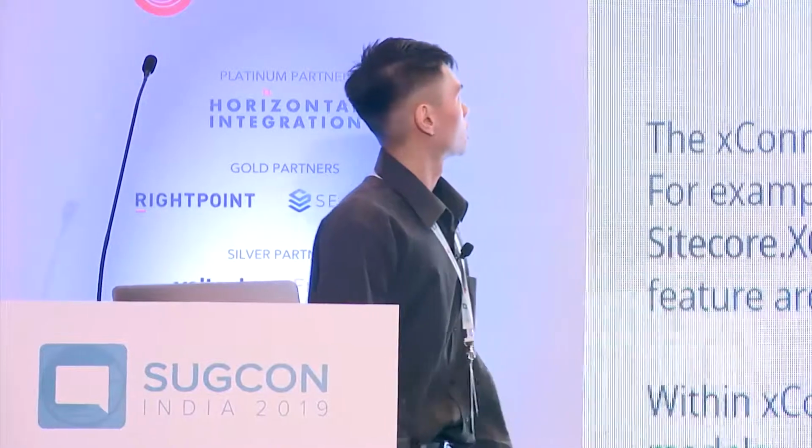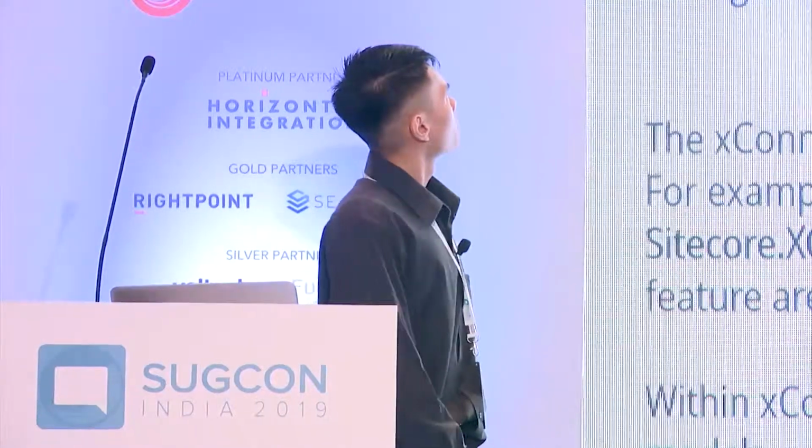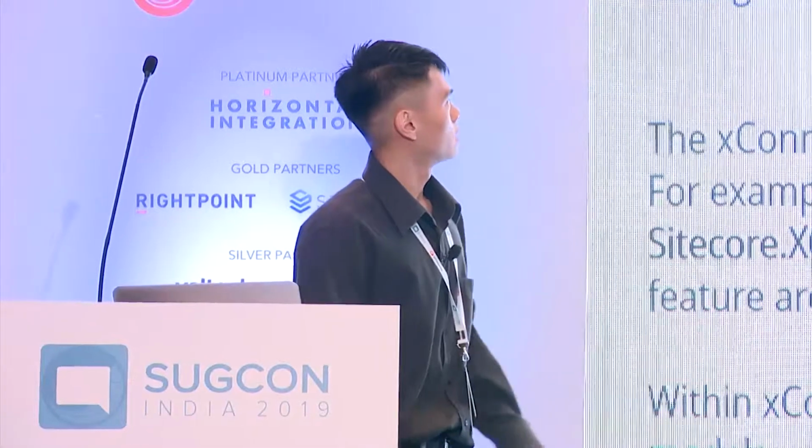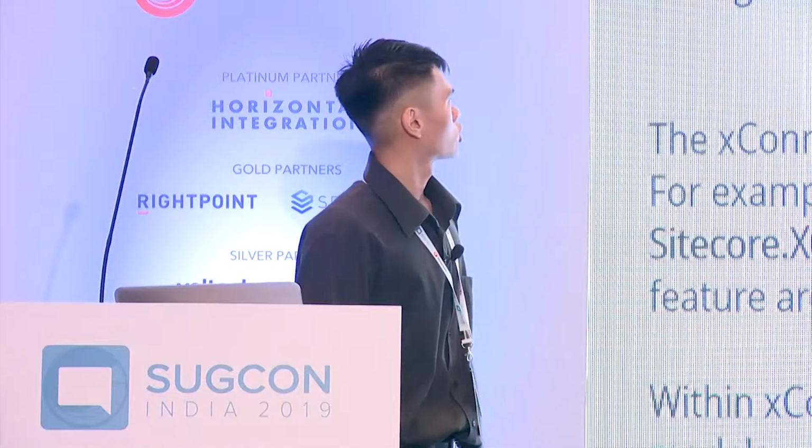And here is the XConnect model. We have three main features, its strengths, which are strongly typed, extensible, and segmented. Strongly typed, because if we check with a decompiler, XConnect has its own code.